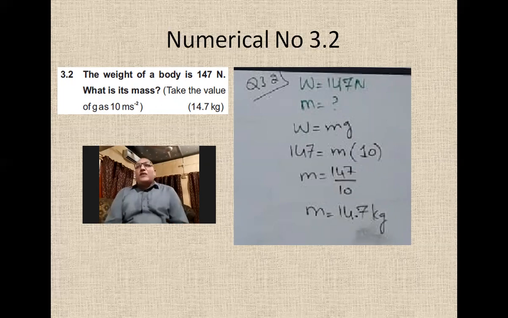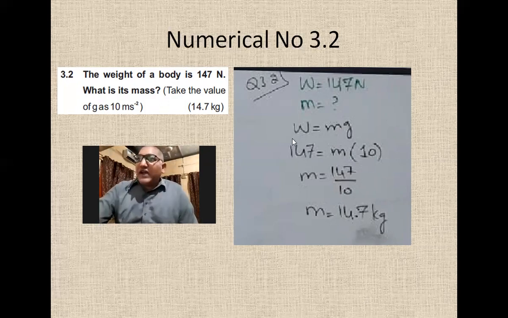You know the famous formula for the weight of a body: W equals mg. If you know the W, that's 147, and g, the acceleration due to gravity, that's 10 meter per second square, we can find the m.